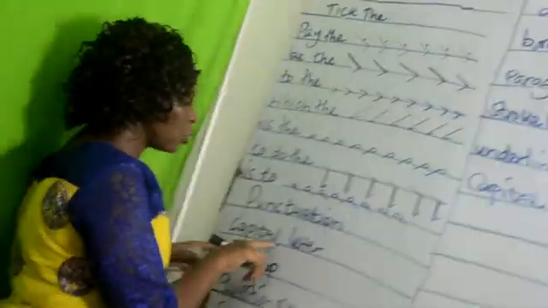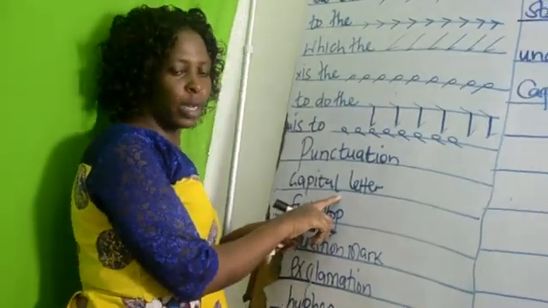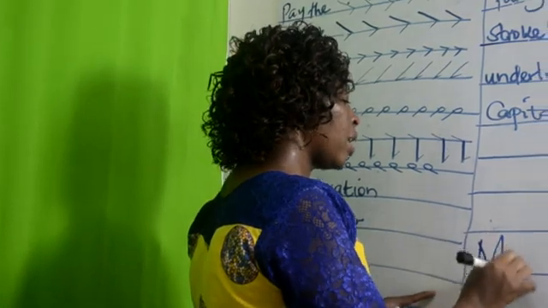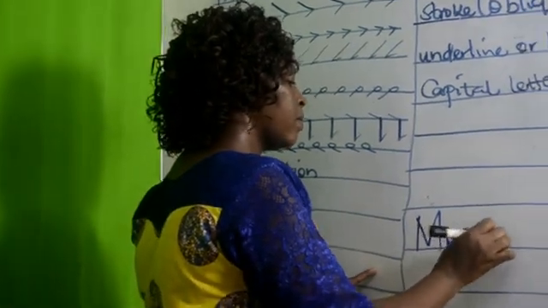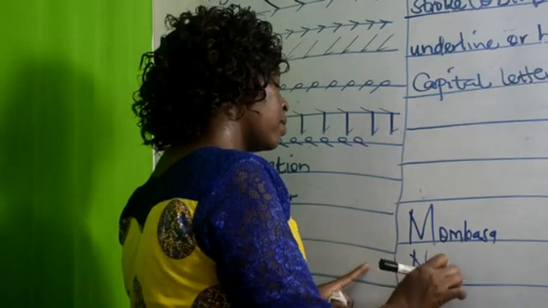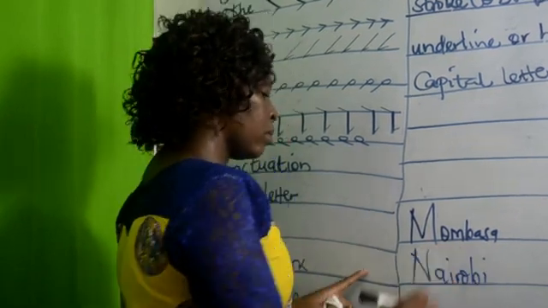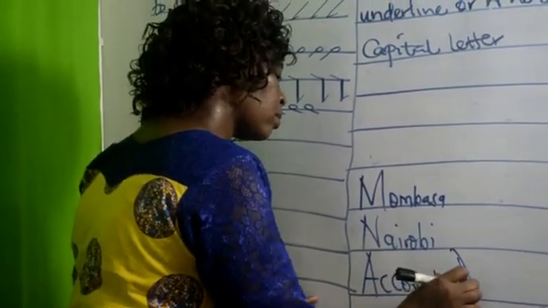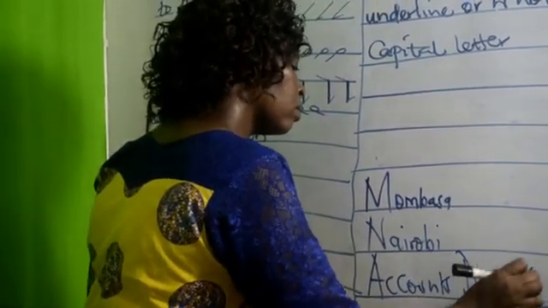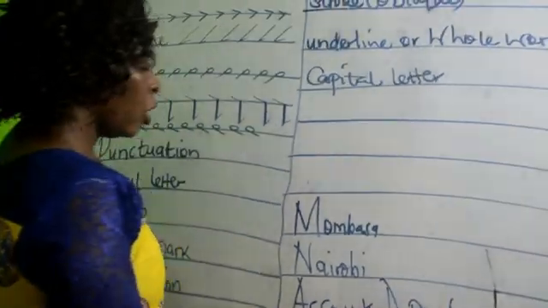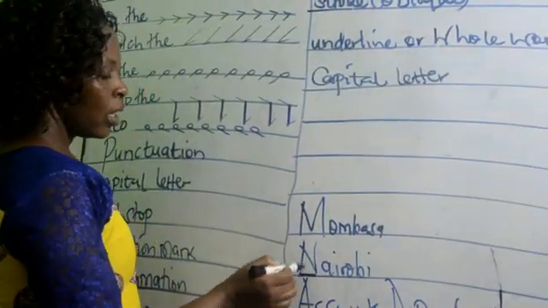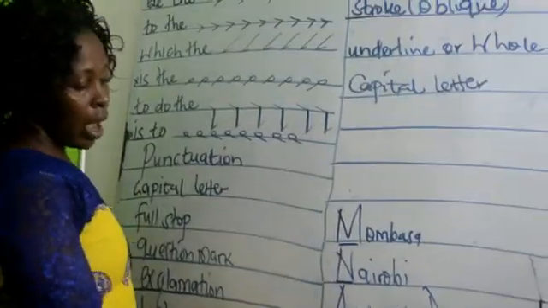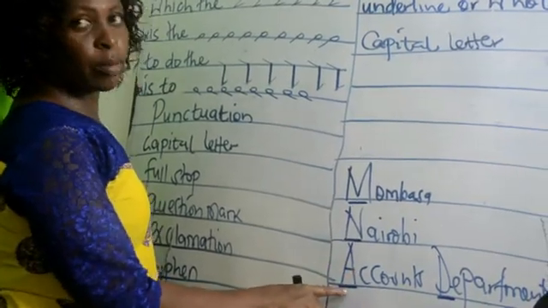So this is how we represent. If a word begins with a capital letter, for example, we want to drill the word Mombasa, Nairobi, account department, etc. We want to show that this word begins with a capital letter.